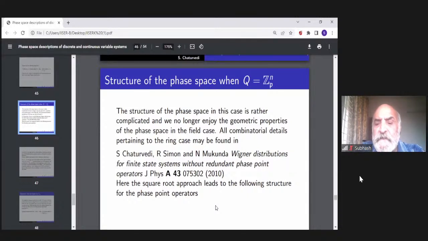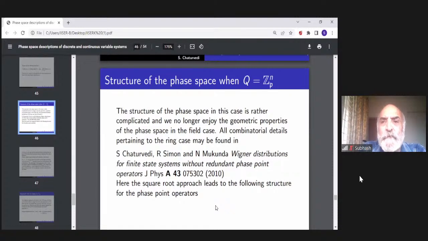Those of you who are interested in this can read this paper and get back to me in case you have any questions. The other authors' description relies heavily on the availability of mutually unbiased bases. Our description, based on the symmetric square root, applies both to the field as well as the ring case.